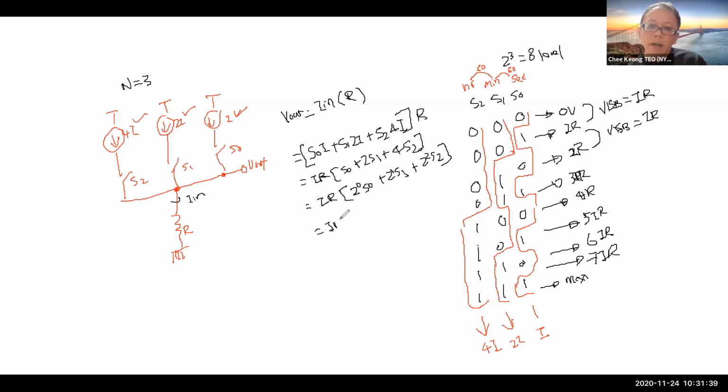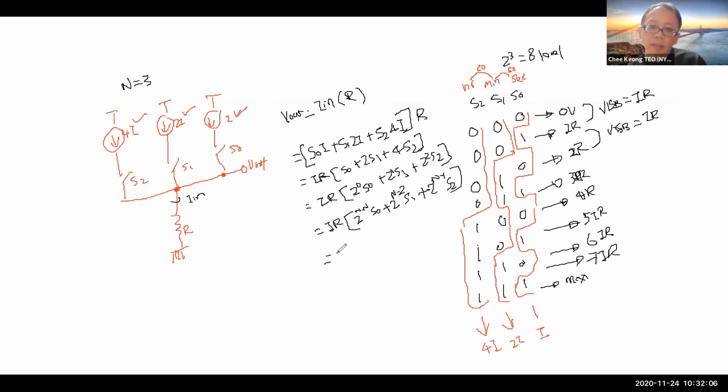So therefore, this is actually n minus 1, right? So you have IR, 2 to the power of n minus n S0 plus 2 to the power of n minus 1, n minus 2, S1 plus 2 to the power of n minus 1 S2. Correct?